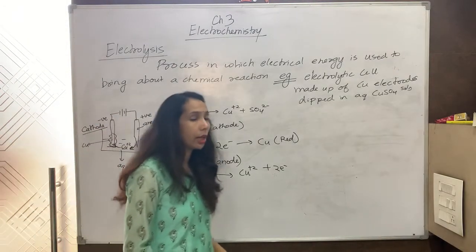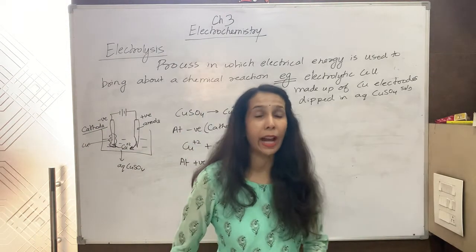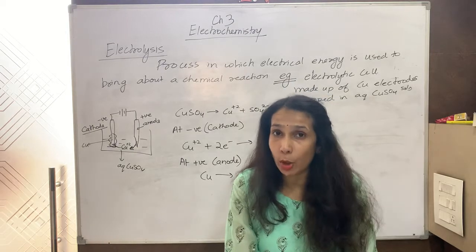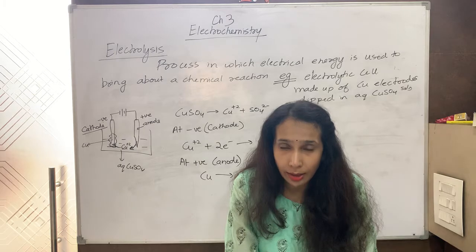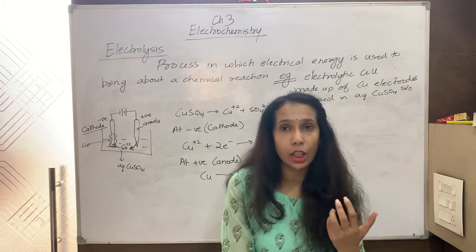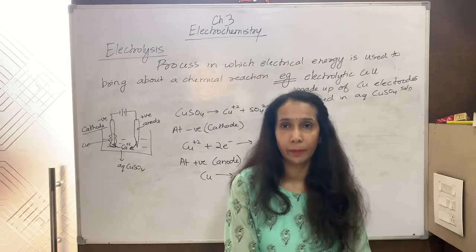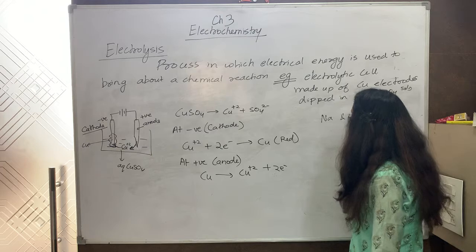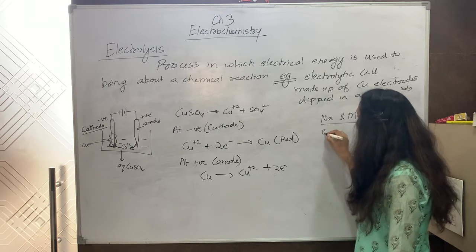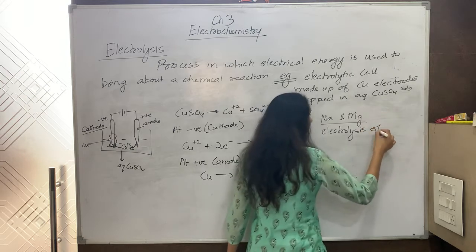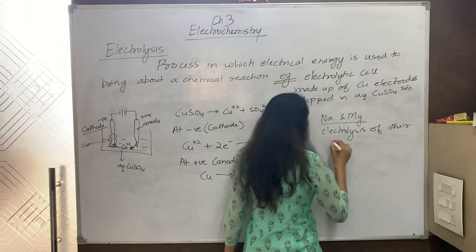This reaction is also used in refining of copper. During metallurgy, when we extract copper from the earth's crust and we get impure copper metal, it is purified by this method. In fact, many reactive metals like sodium and magnesium are obtained from the electrolysis of their molten chlorides.